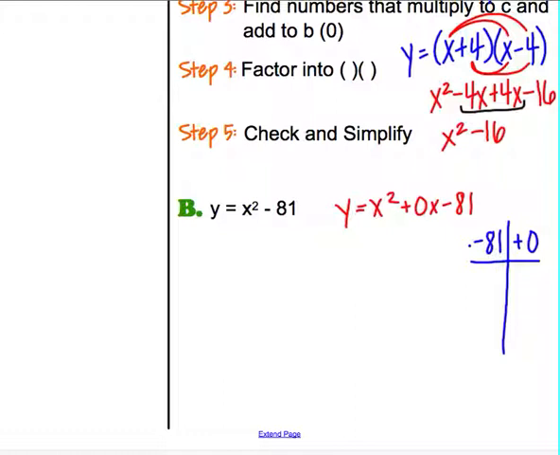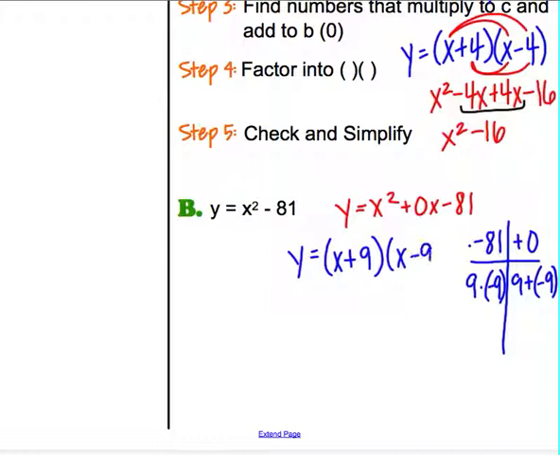Once again, I think about what times itself gives me 81 as far as the digit is concerned, which is 9 times negative 9. And 9 plus negative 9 is 0. Therefore, when we factor this out, we get y equals x plus 9 and x minus 9.